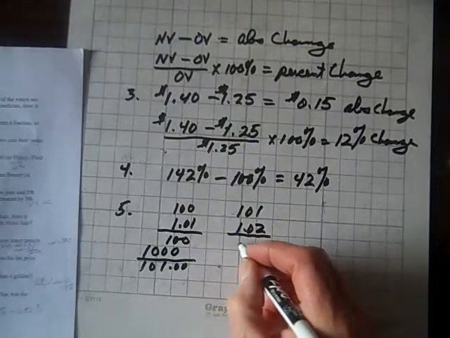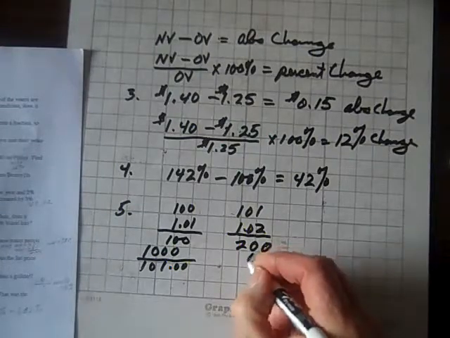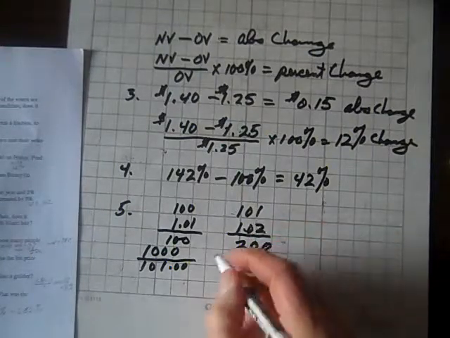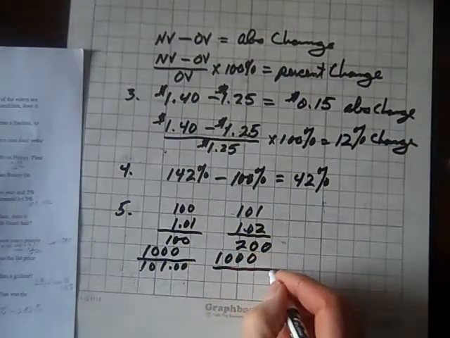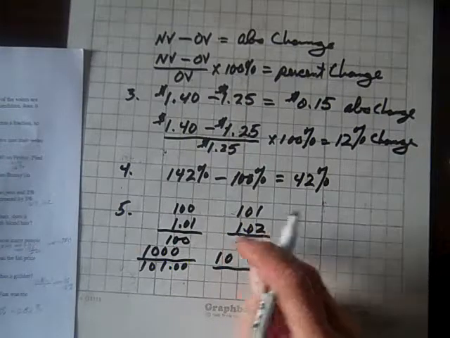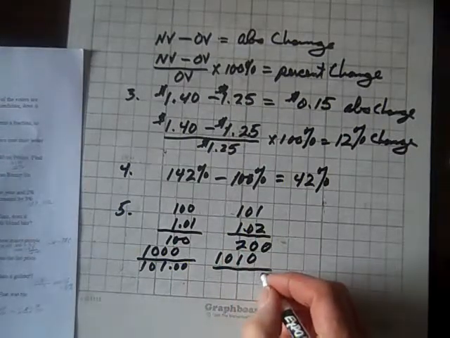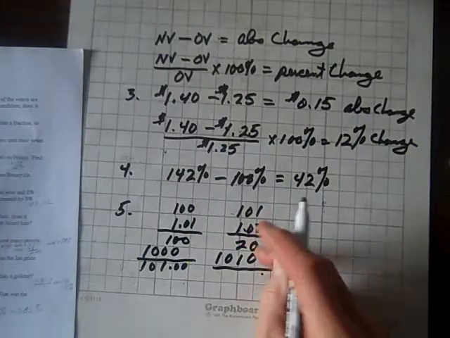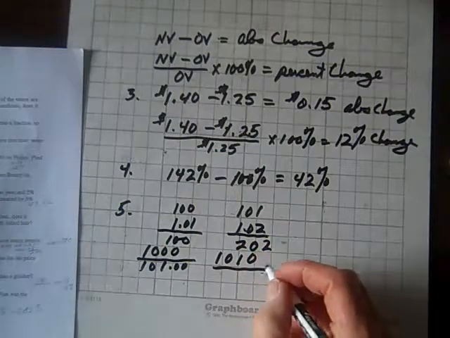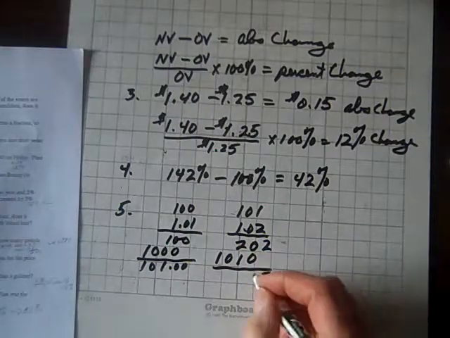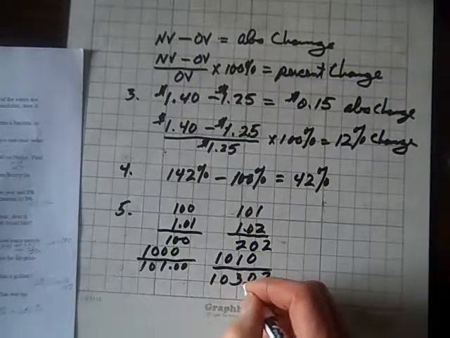So multiplying by 2, we get 202. This 0 goes there, and we multiply by 1 again, and we get 101. And we add these up. 2 times 1 is 2. There, we've got it. Add them up, and we get a 3 and a 1 and a 0.